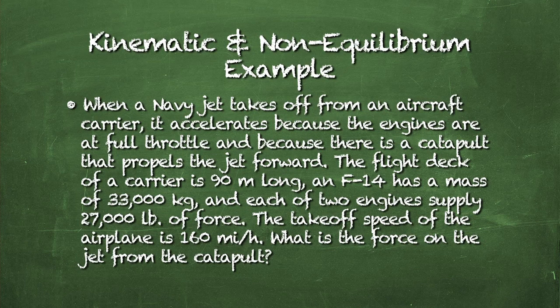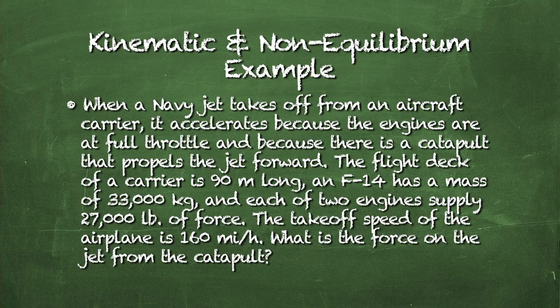An F-14 aircraft has a mass of 33,000 kilograms, and each of the 2 engines supply 27,000 pounds of force. The takeoff speed of the airplane is 160 miles per hour. And the question is, what is the force on the jet from the catapult?